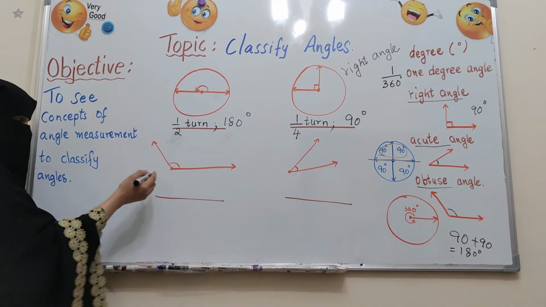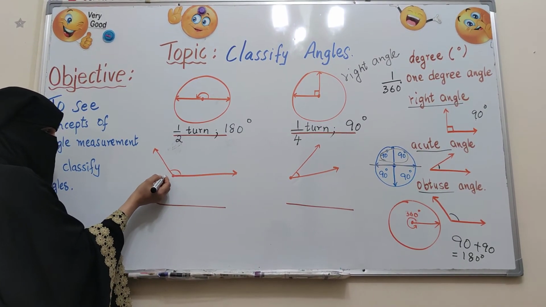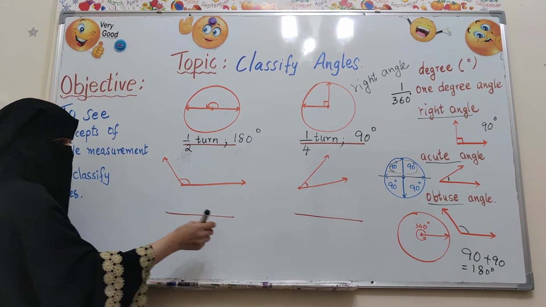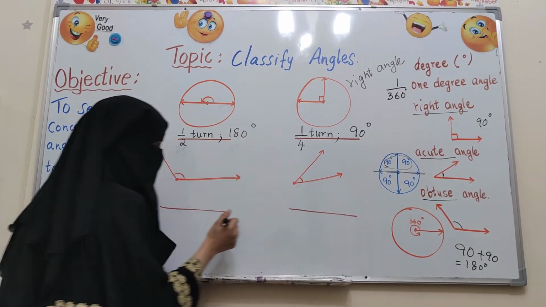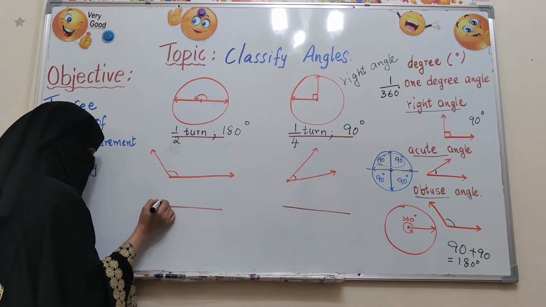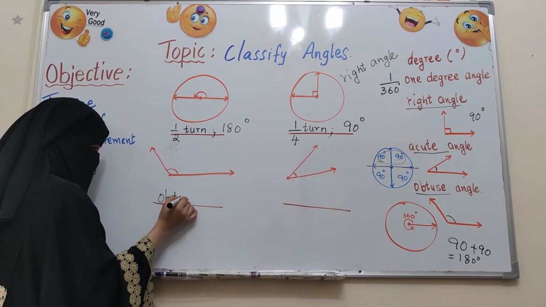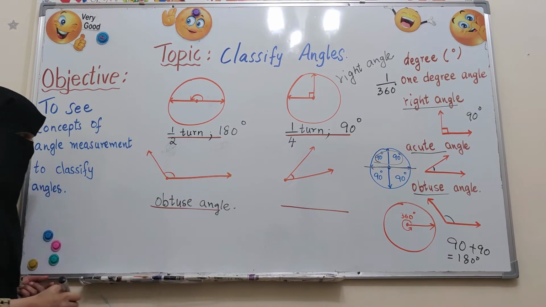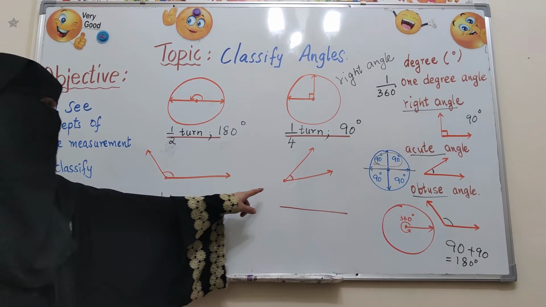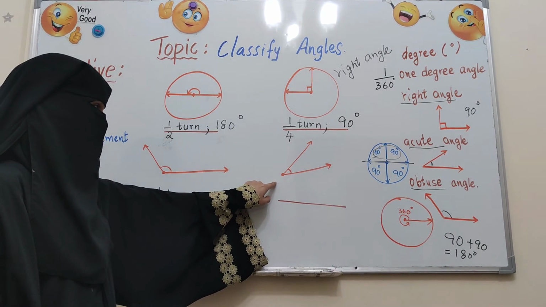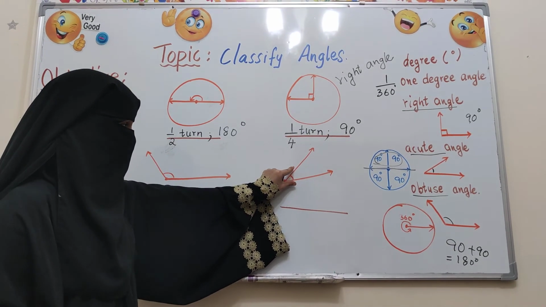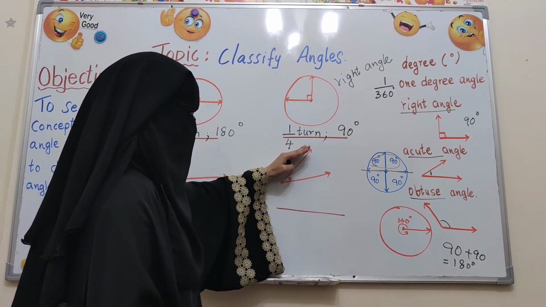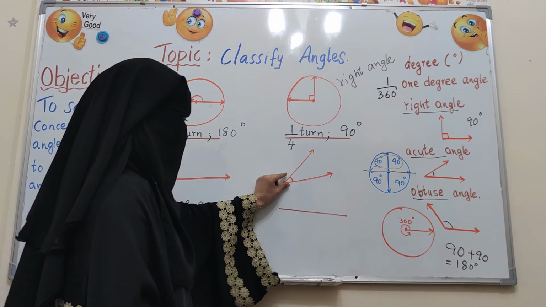But what about this? This is not half, but this one is more than a right angle, which is called an obtuse angle. What is the name of this? Obtuse angle. Now, what about this angle? If you see, this is less than 90, here is the 90. I am going inside to make it less.